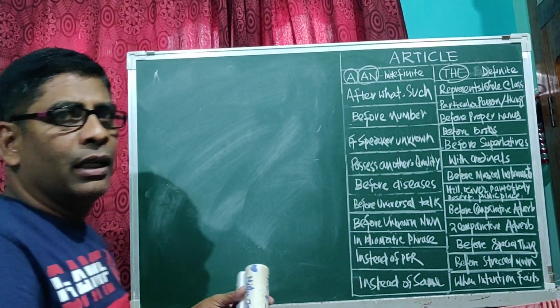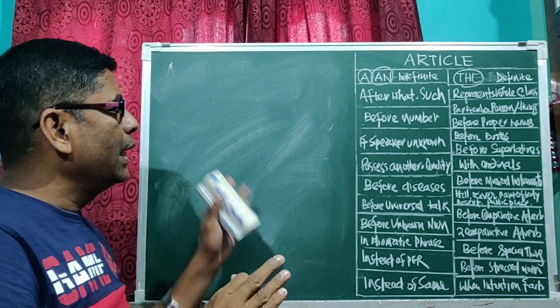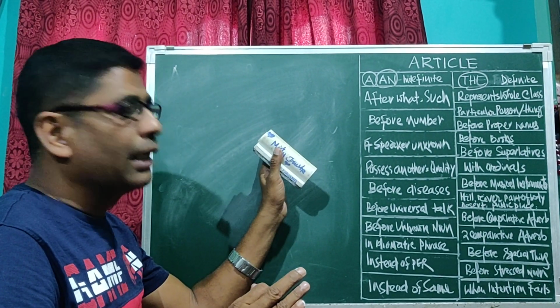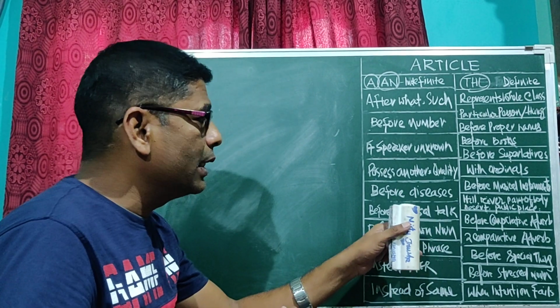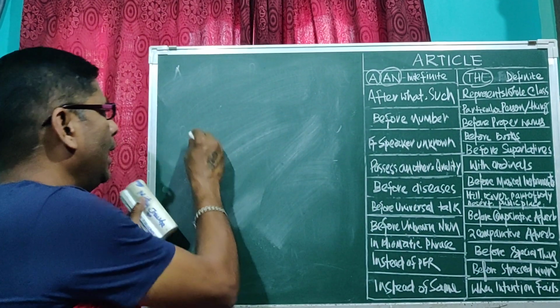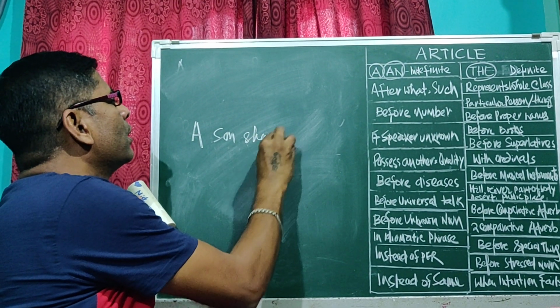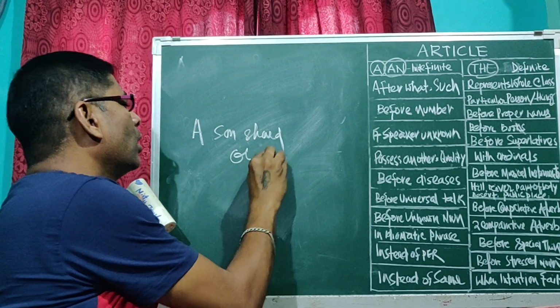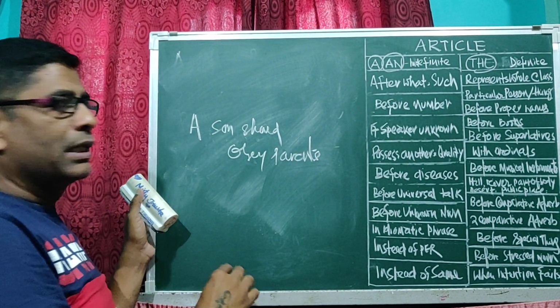Before diseases. So many diseases are there, and before diseases we use A. I have a headache, likewise. Before a universal tag. If there is a universal tag, we use A. A son should obey parents.